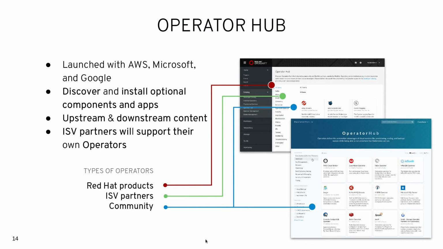Those operators are either Red Hat products, such as optional components for OpenShift, like the logging, log aggregation component, or other Red Hat products, like the JBoss middleware family products.